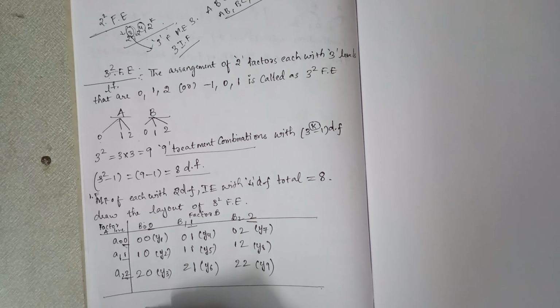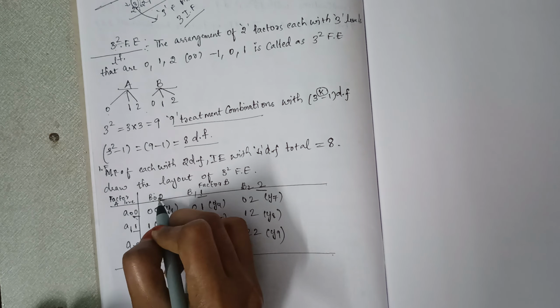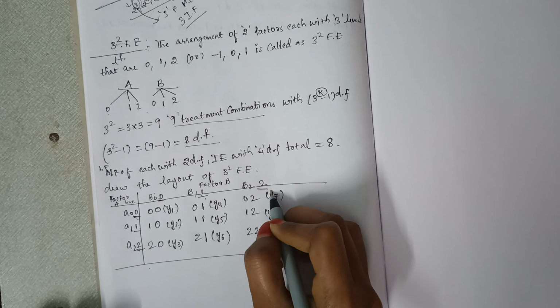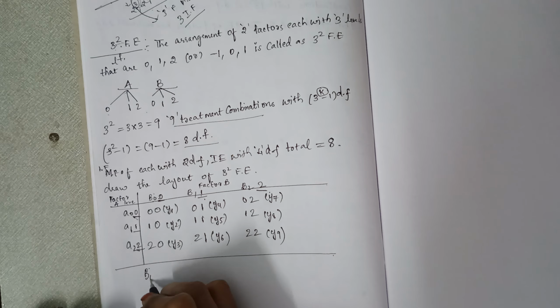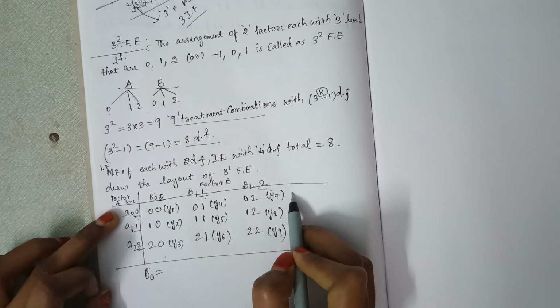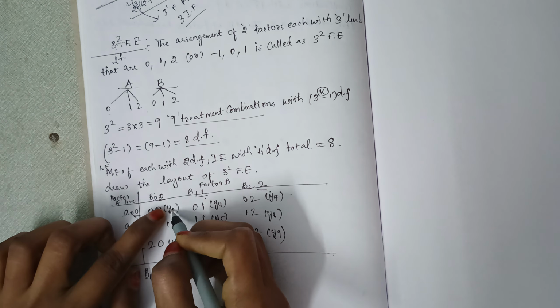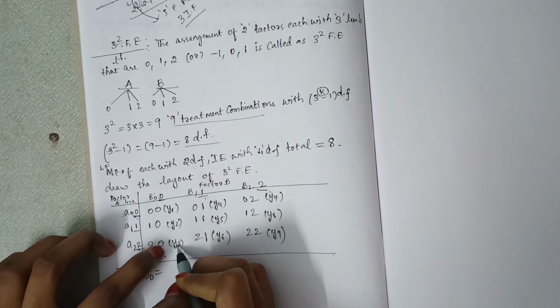This column is nothing but the total of the low level of B0. This is low level, medium and a high level. So B0 is equal to this total column, right? And A0 is the horizontal first row. So B0 is nothing but y1 plus y2 plus y3.